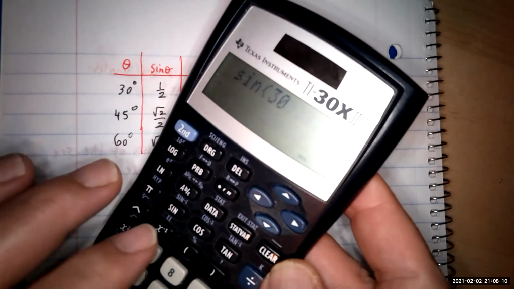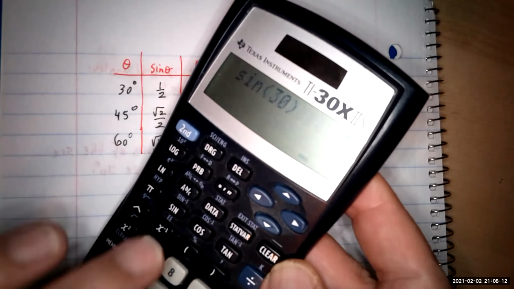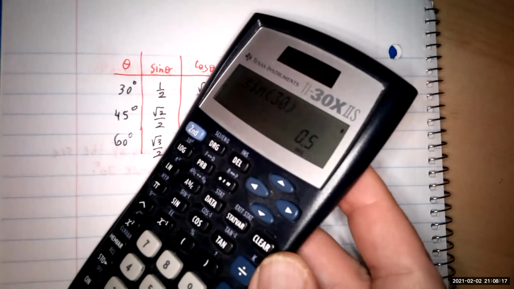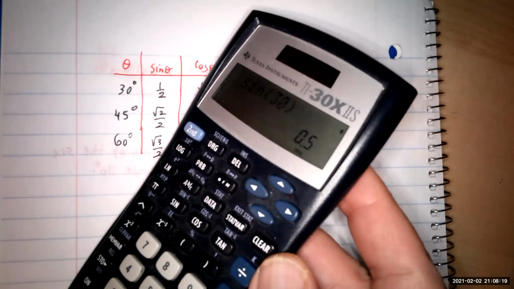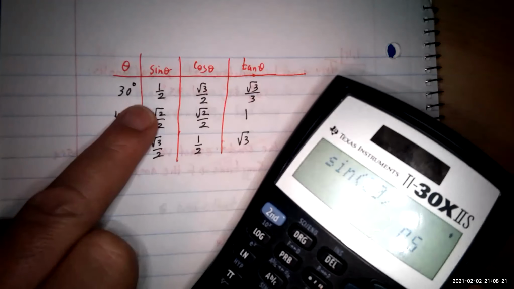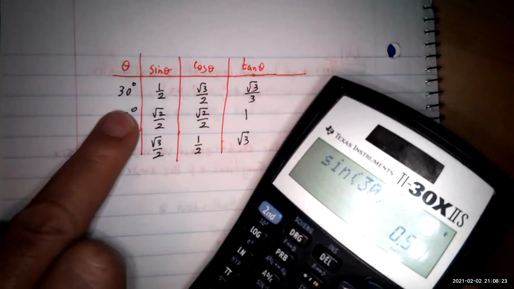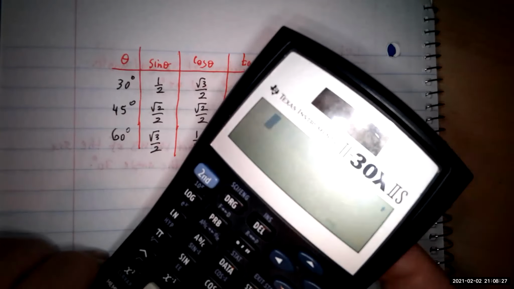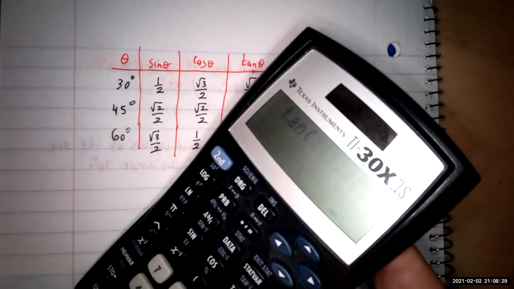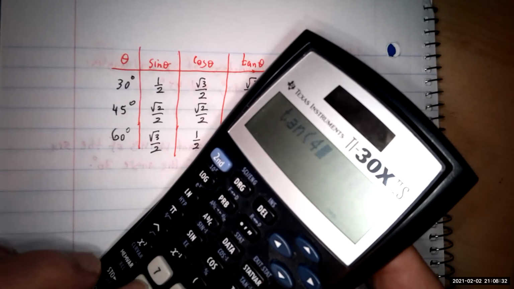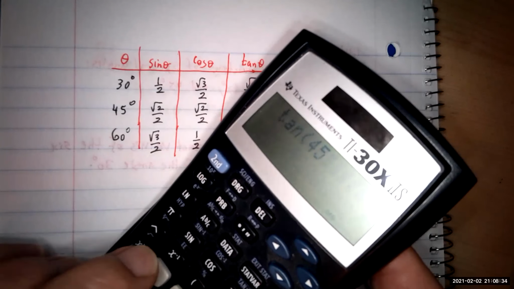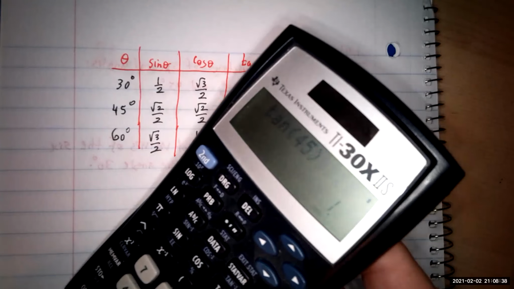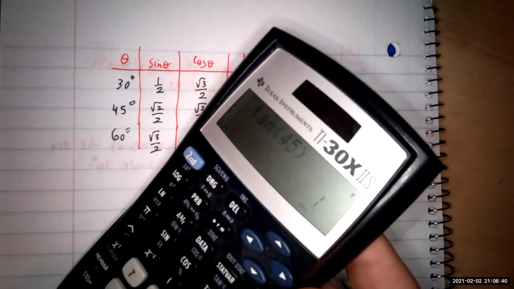I close this parenthesis and click, that gives me 0.5, which is 1/2. And if you want to find the tangent of 45, you click on the tan, and that gives you 1. The tangent of 45 is equal to 1.